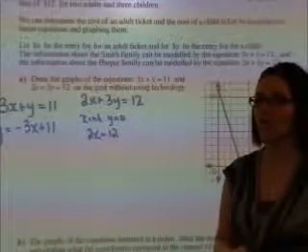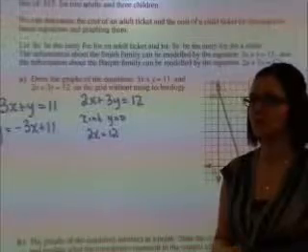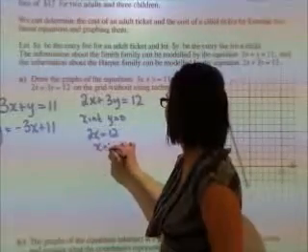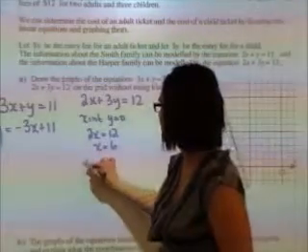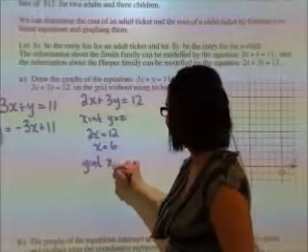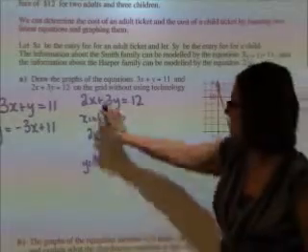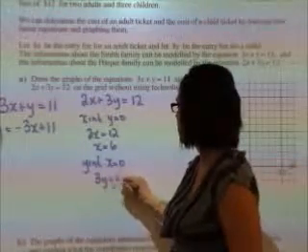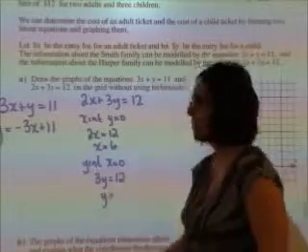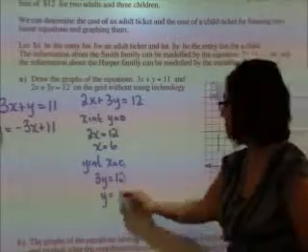So x would equal 6. And then I have my y-intercept, which is when x equals 0. So the 2x would disappear. So I'd get 3y equals 12, which means y would equal 4.